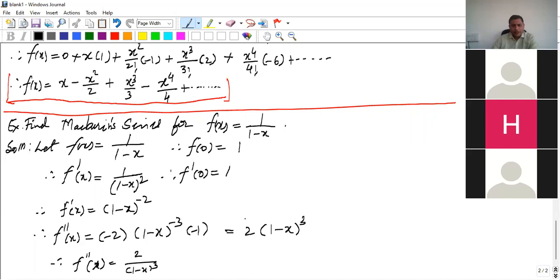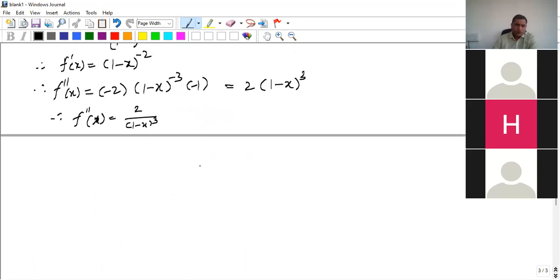Because if you can get this, then the remaining terms will be very easy. So f double dash x equals 2 into (1 minus x) raised to power minus 3. So we got f double dash at x is equal to 2 upon (1 minus x) bracket cube.